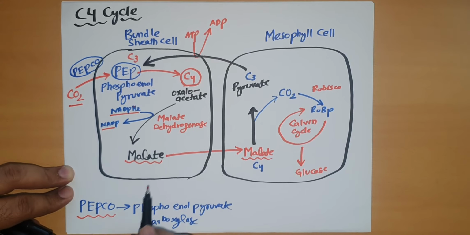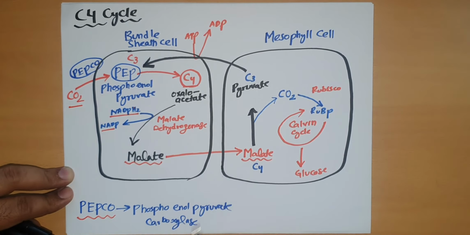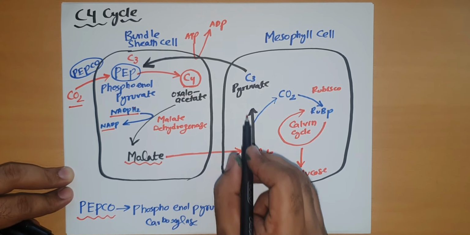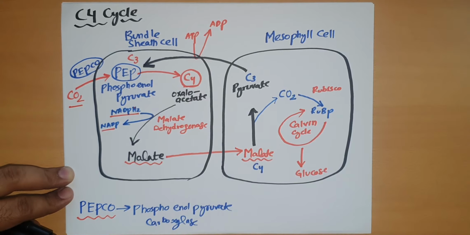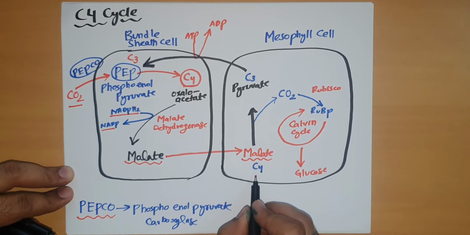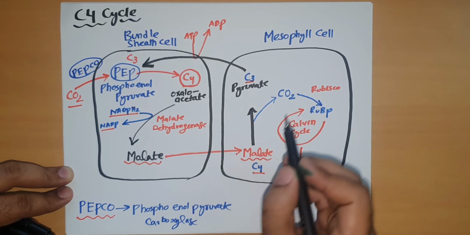Then this malate moves from the bundle sheath cell into the mesophyll cell, and in the mesophyll cell this malate breaks down into pyruvate. When this malate breaks down into pyruvate, the malate was a 4 carbon compound and pyruvate is a 3 carbon compound.